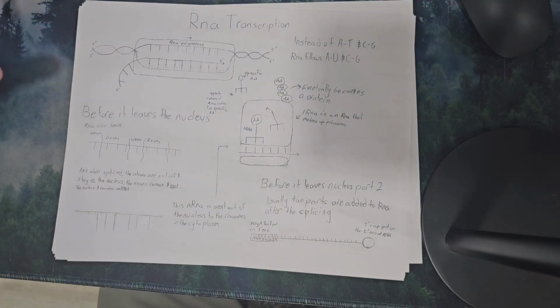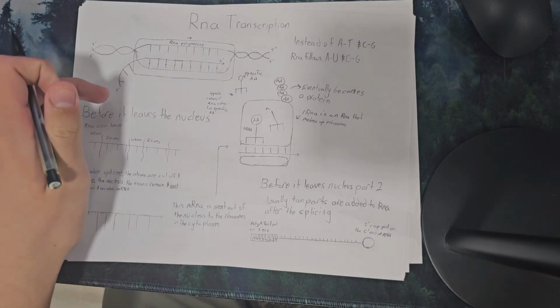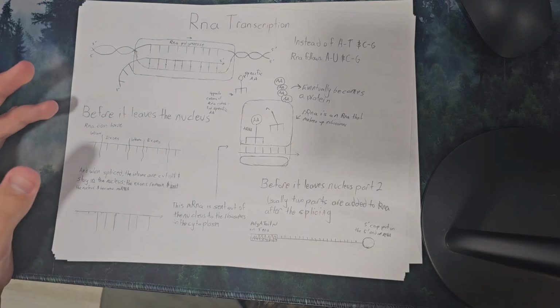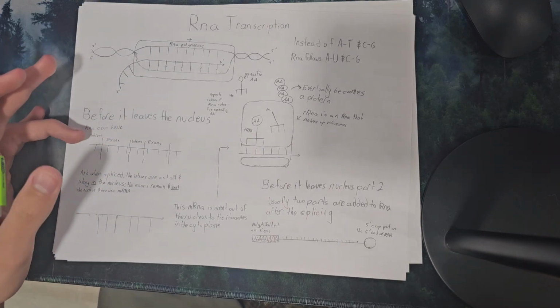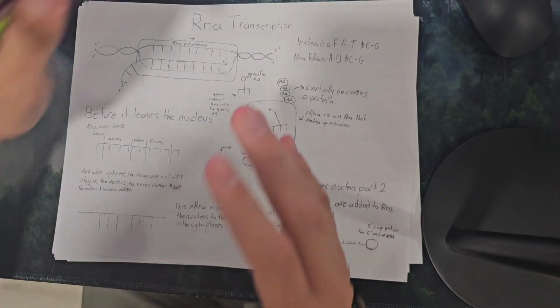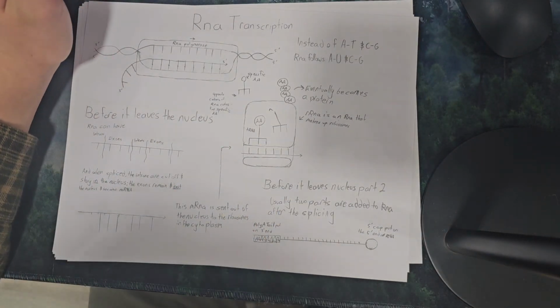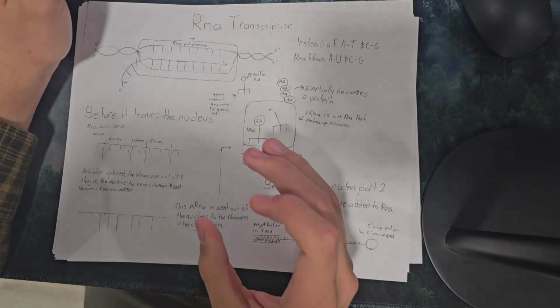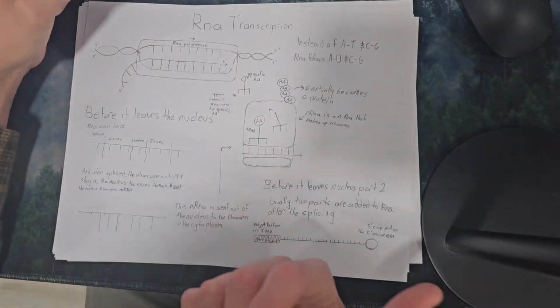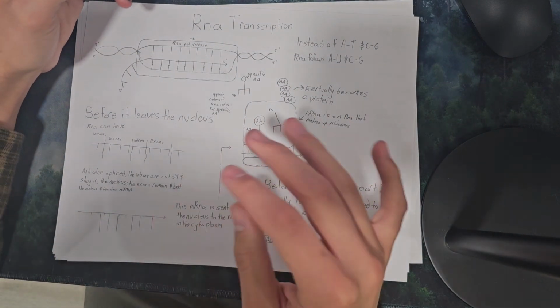Basically, an RNA polymerase goes through the DNA and it copies things. Before it leaves the nucleus, there are two things that happen to it. First, RNA can have introns and exons, and it gets spliced in the nucleus. Introns are cut off and stay in the nucleus, while exons are put together and sent out. They exit the nucleus and become mRNA.